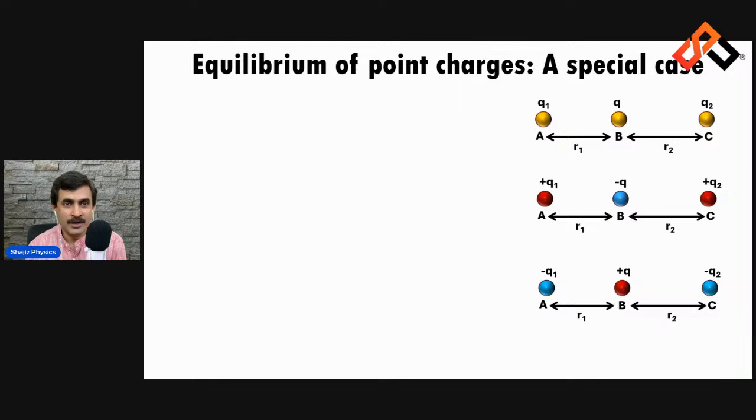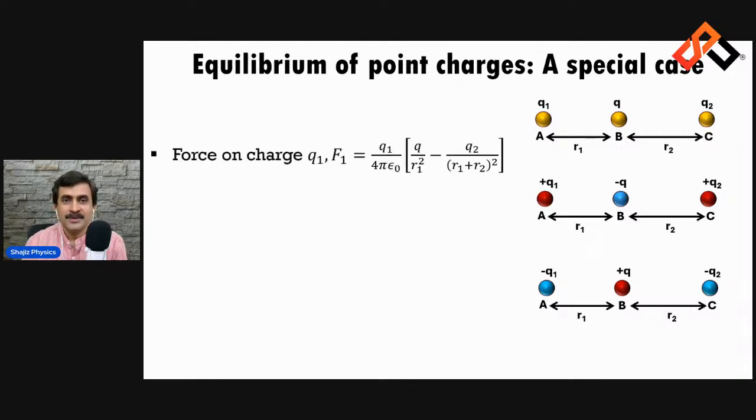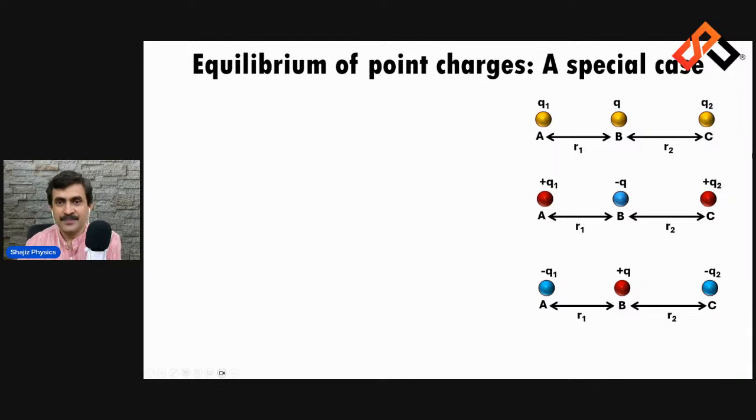So what is the force acting on the first charge due to the other two charges? First charge means charge Q1, due to minus Q and Q2. So you think about it. I will explain this. See, consider charge Q1. Charge Q1 will be attracted by minus Q charge towards it.